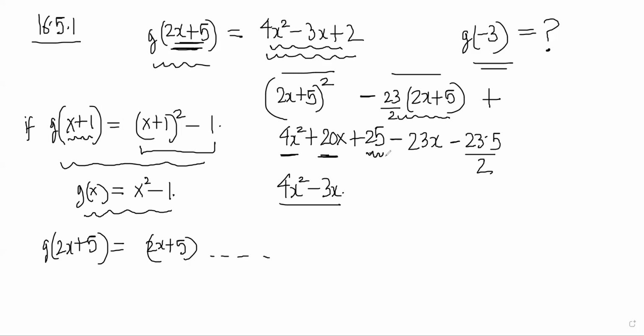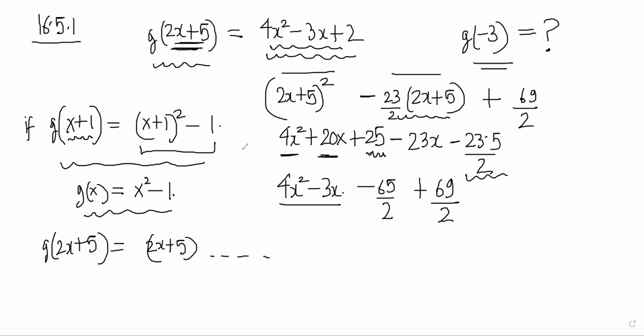We have right now 25 minus 115 by 2, which is 50 minus 115 by 2, so minus 65 by 2. And we need to get a plus 2, so we'll add a plus 69 by 2, right?